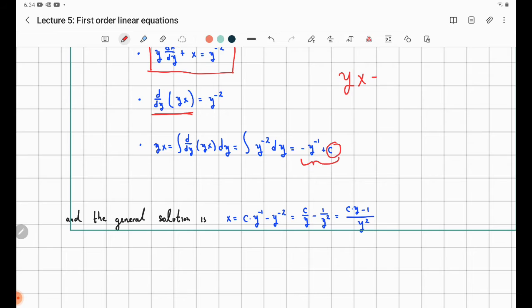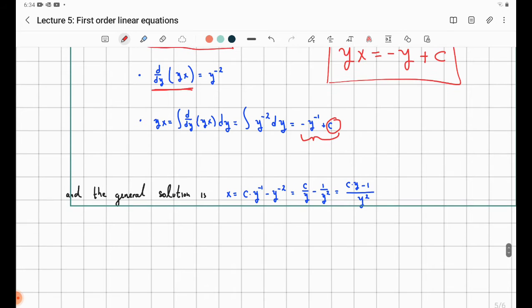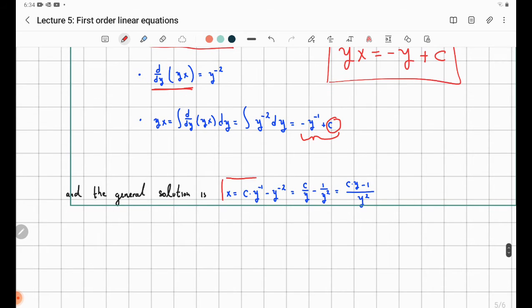Namely, in this case, y times x equals minus y to the minus 1 plus a constant. So you can solve this implicit relation in terms of x, and if you do this, you obtain an explicit form for the general solution.